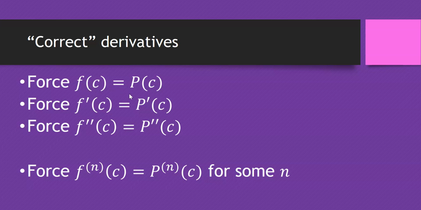And then you say, well, since we did that for the outputs, since we made the polynomial and the function the same value for x equals C, let's make the first derivative the same value when x is equal to C. And then let's make the second derivative be the same value when x is equal to C. And you could do this so on and so forth, however many n's you want. Maybe you make the third, the fourth, the fifth derivative the same. Eventually, in order to have a polynomial, we're going to have to stop somewhere at some value for n. But we just make all the derivatives be the same thing.